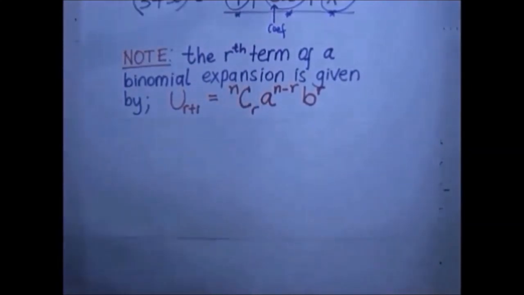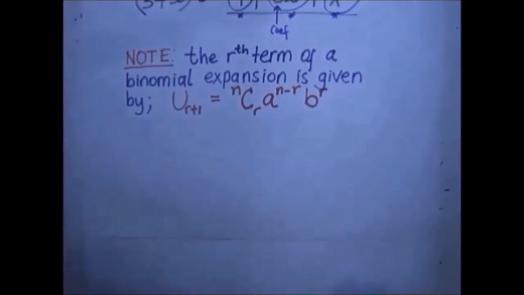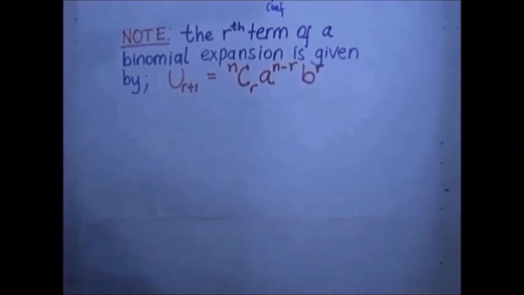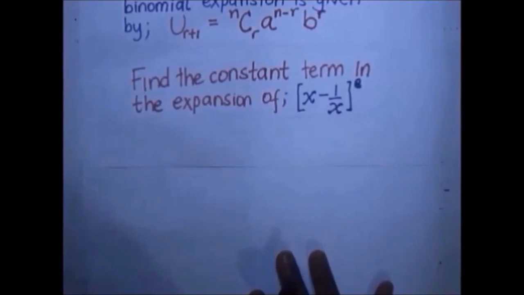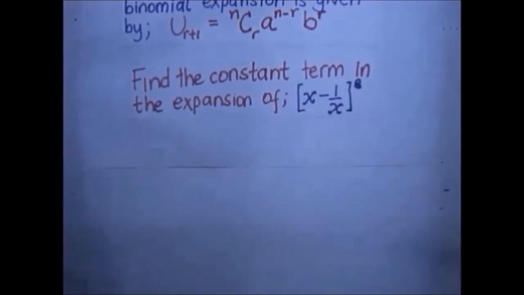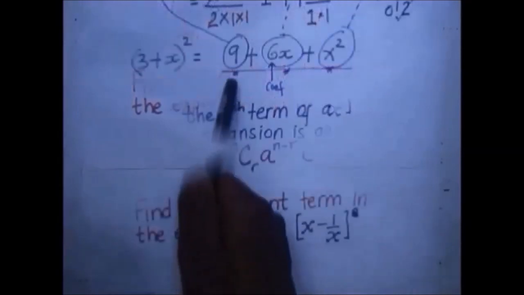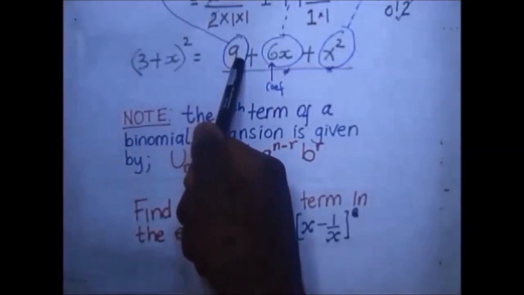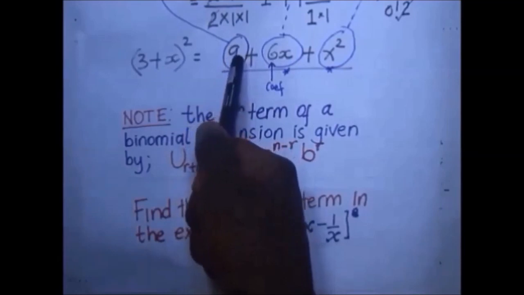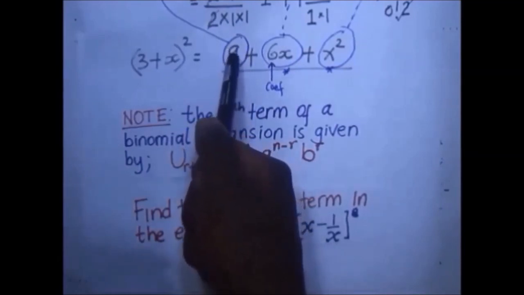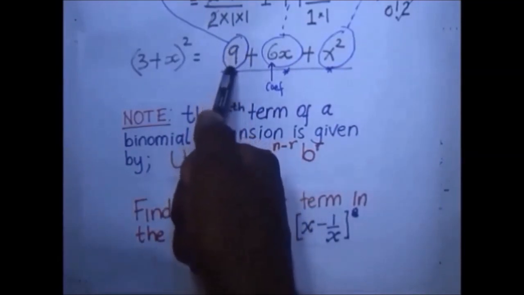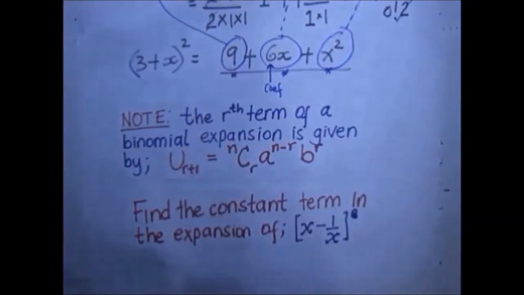So we shall go ahead and illustrate how we find the coefficient by using just one example. Find the constant term in the expansion of x minus 1 over x to the power 8. The constant term here is the term where x is to the power 0, where there is no unknown. That's what we are supposed to find here.